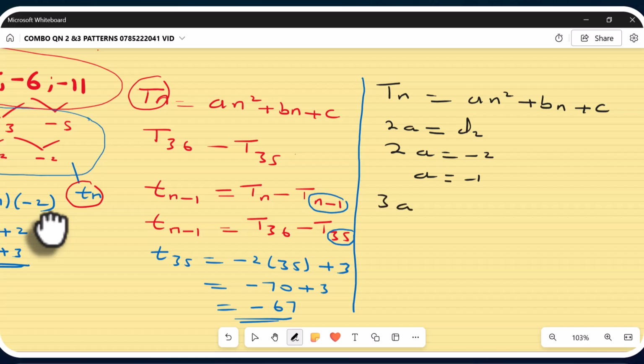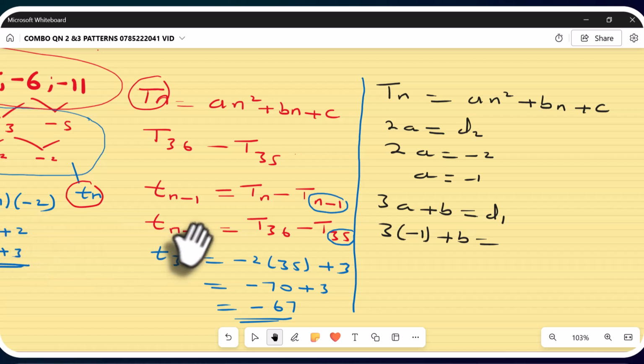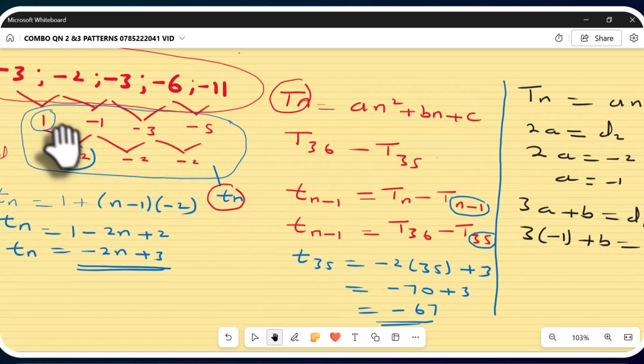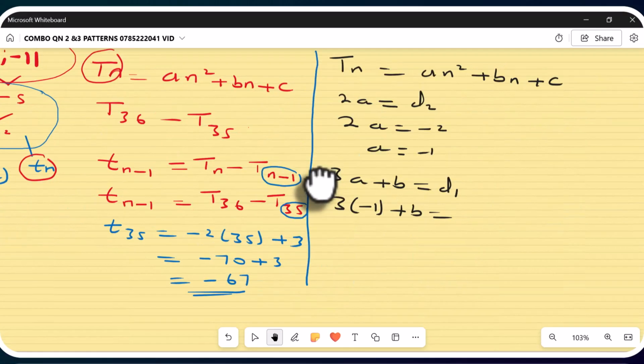Our T1, if you remember, is -3. So -1 + 4 is 3, and -3 minus 3 gives us -6. So our c is -6.